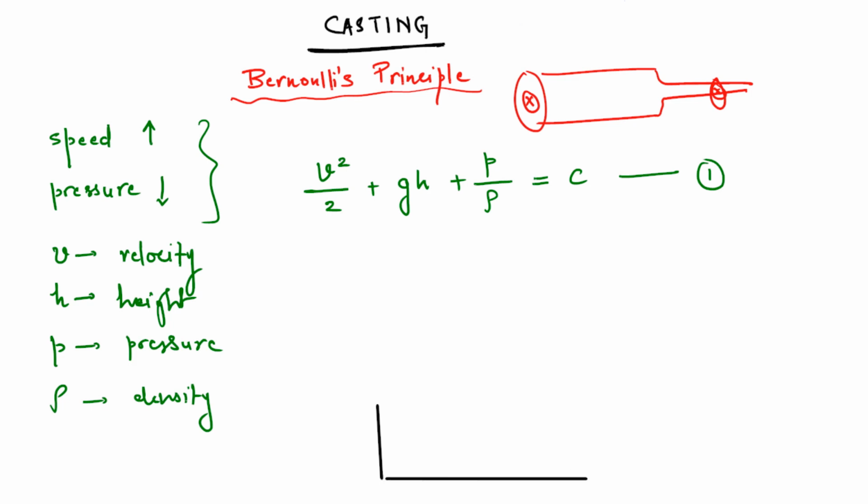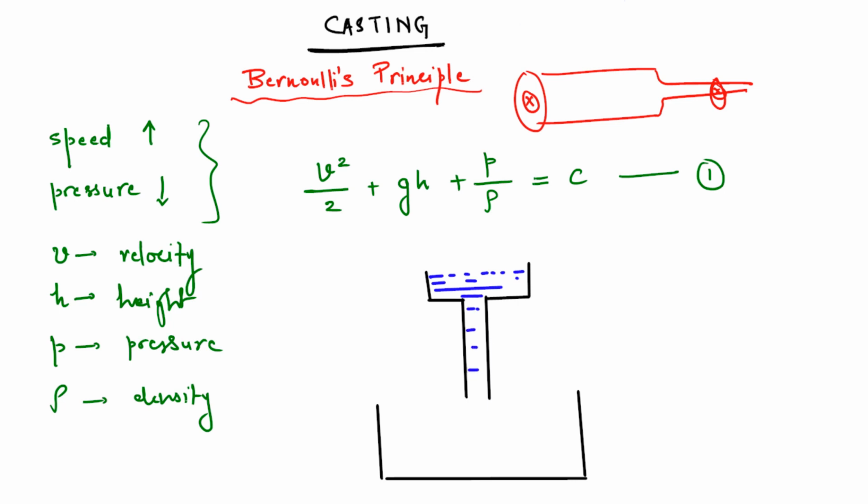Let's say this is your mold, and you have a sprue here through which you are going to pour your liquid metal, and there is certain level of filling. Okay, now in this sprue, let's say this is your liquid metal.